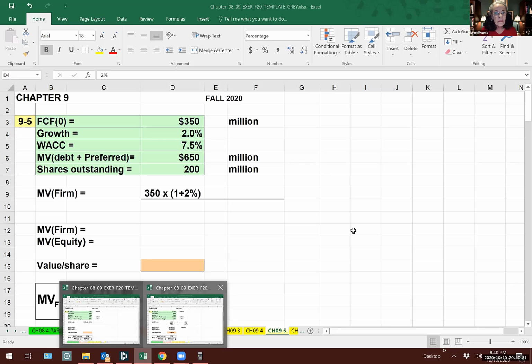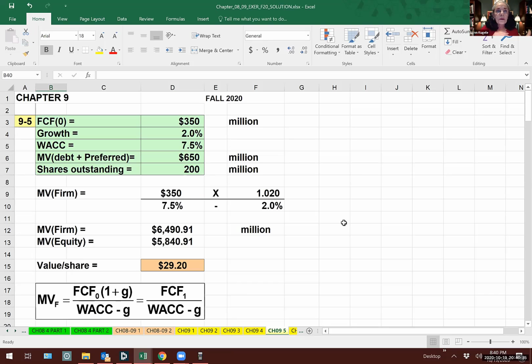Now we'll get back over here. There you go. So chapter 8, you have to pay attention to whether they tell you required return on the market, which means you have to subtract the risk-free rate to get the market risk premium, or market risk premium. You don't have to subtract. Chapter 9, you have to pay attention to D1 or D0, free cash flow 1 or free cash flow 0.